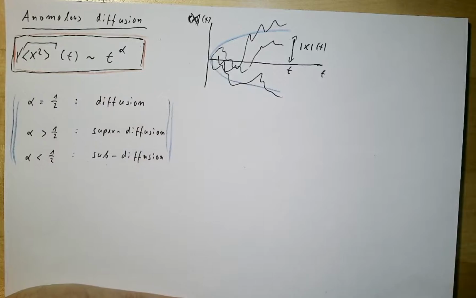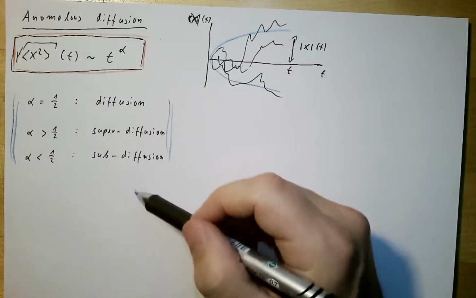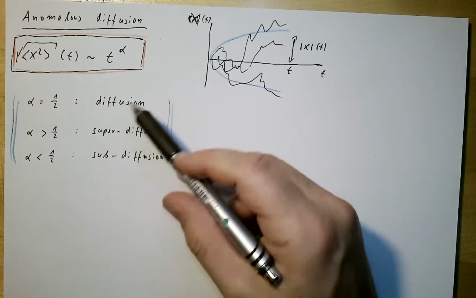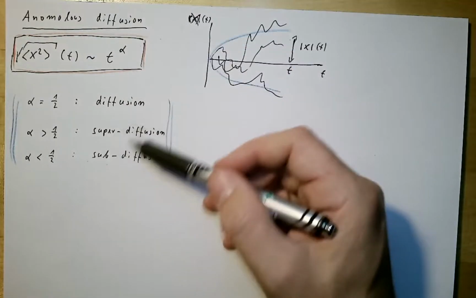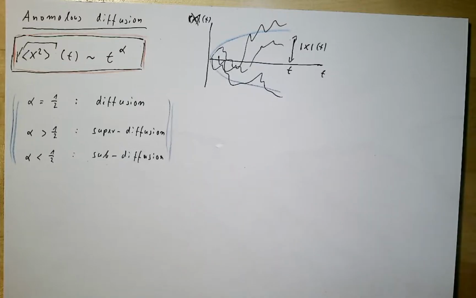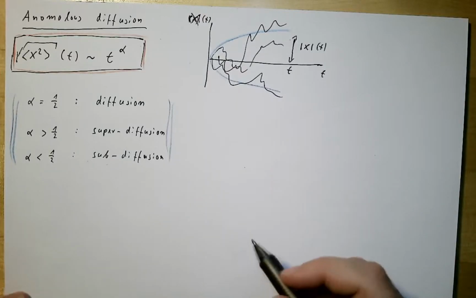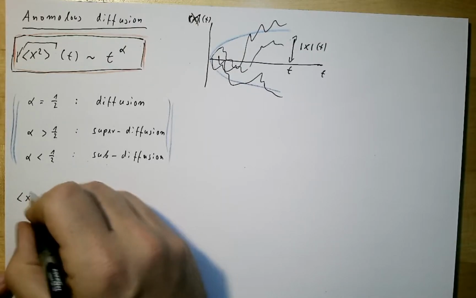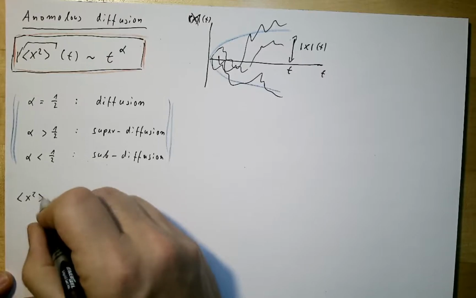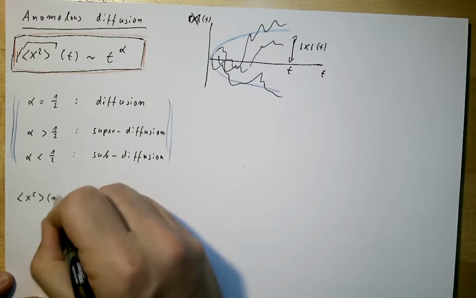Now the question is, what could be the reason for a system to be not diffusive, but to have such anomalous diffusion, either super or sub diffusion? To see what can happen, let's look again at our formula when we calculated the second moment as a function of time.